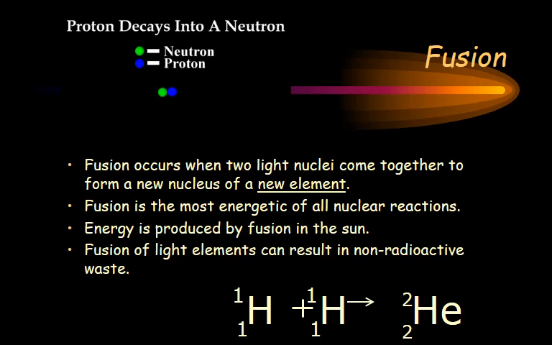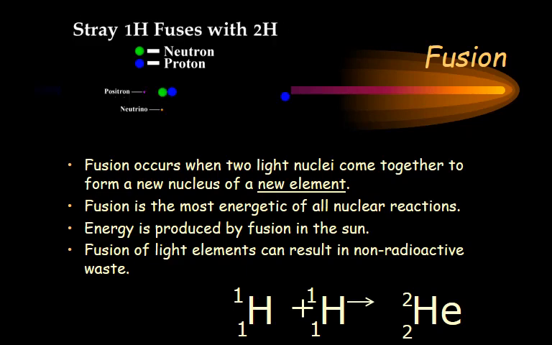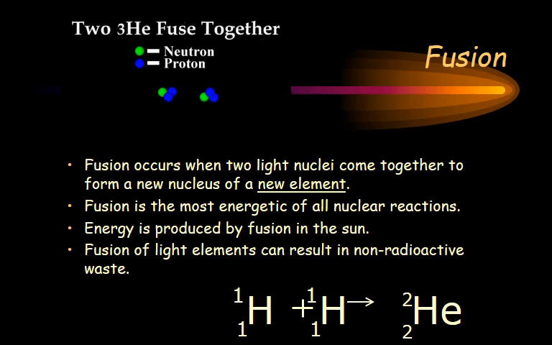You can see the simulation here, where the nuclei come together and form a heavier nucleus, and energy is released. That's what we're going to take a look at now.